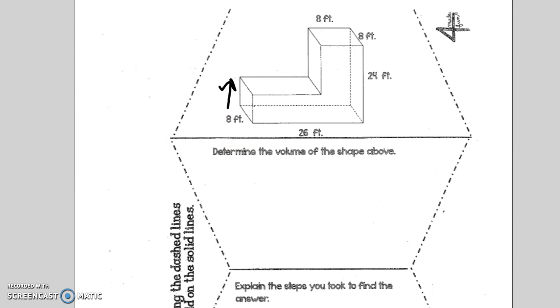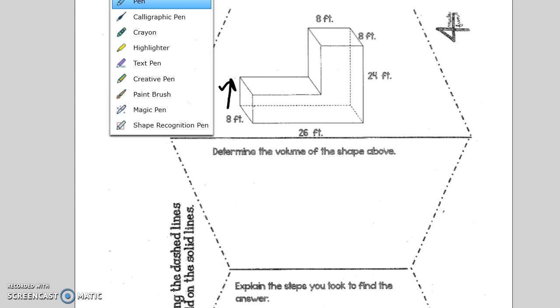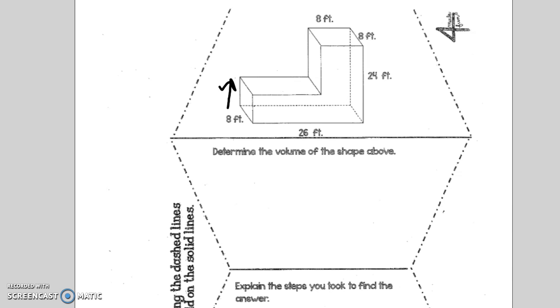Now that we've got that straight, our first job is to figure out if we're missing any dimensions. We've got to decide how we want to cut this shape, because I see two rectangular prisms put together. I'm thinking we ought to cut it from top to bottom, so that we've got a tall building on the right and a short building on the left.